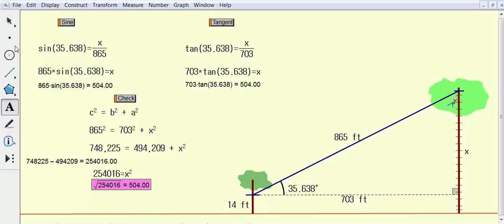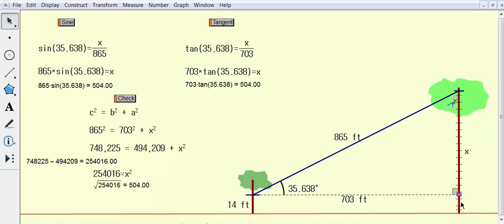So, are we done? I don't think so. We only found the value for x. We need to take into account the 14 feet now. In each of these three methods, we found the value of x to be 504, but that's not the length of the entire ladder, only the length of the ladder for here, the opposite side of the triangle to this angle.